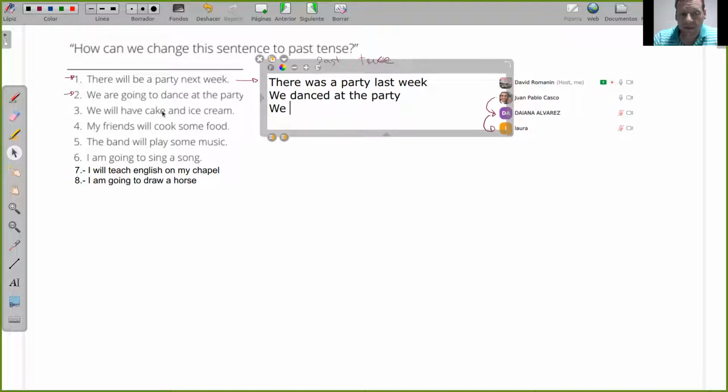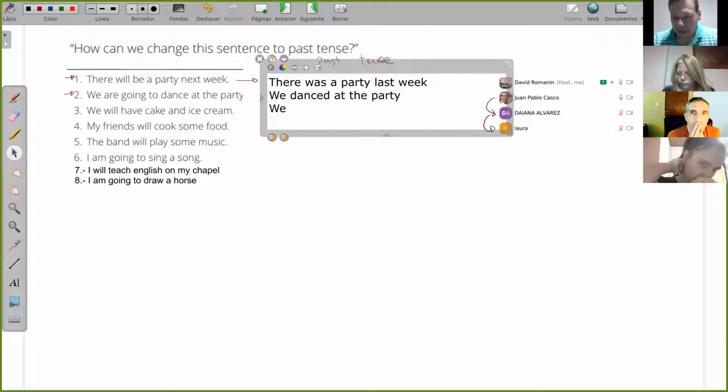Do we have the to be verb here? No. What is the main verb in this sentence? The main verb on this sentence.